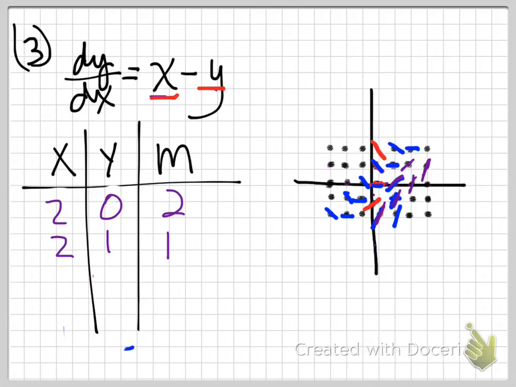Okay, so 2, 1 was right here. There, there, there, there. 2, negative 1 would be 3. And this one was also 3. So we've got another diagonal.